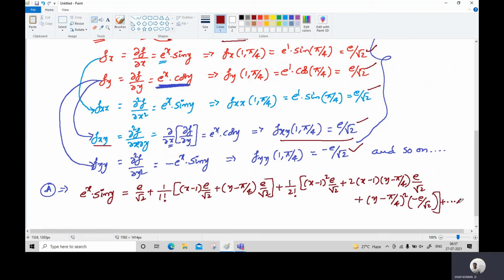Don't forget to write plus and so on. If you forget to write plus and so on, it means it is a finite series, which is wrong.